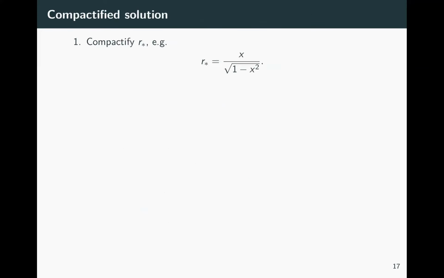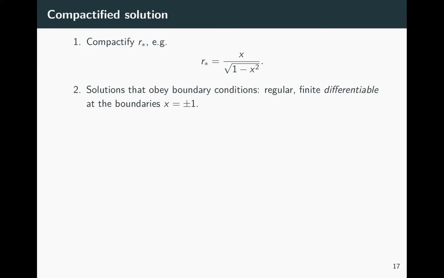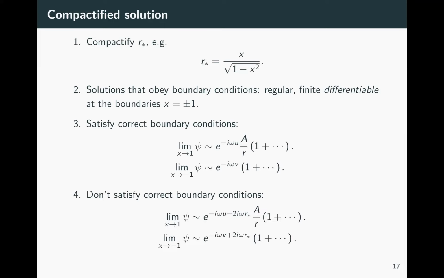Just one more way of thinking of this before we move on. We can look at a compactified coordinate, so we can place minus and plus infinity at -1 and +1. X is this dimensionless quantity. And we say, okay, we have to have these outgoing boundary conditions at plus or -1. And then it becomes clear what I mean by non-differentiable. At x equals plus and -1, the wave solutions that obey the correct boundary conditions are just these well-behaved polynomial functions with this exponential piece.